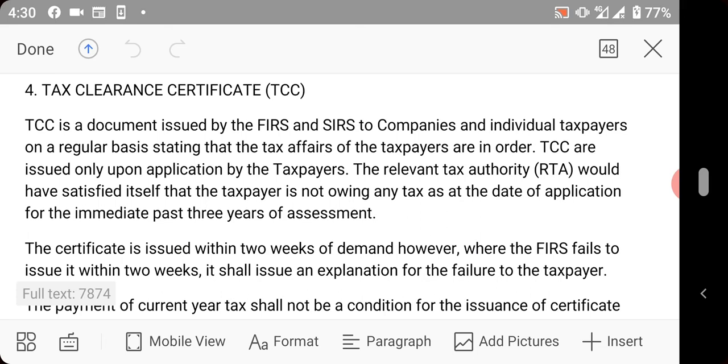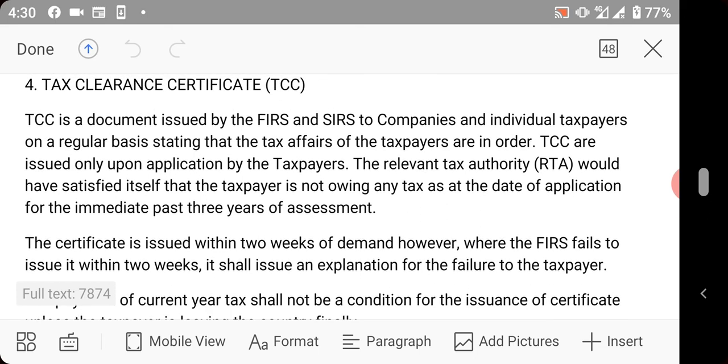So we necessarily do not consider the current year. You understand? We don't consider the current year, except where you are leaving the country permanently. That's only when we will say you must clear your current tax liability. But if you are still a citizen residing in Nigeria, you would only be cleared for the past 3 years.